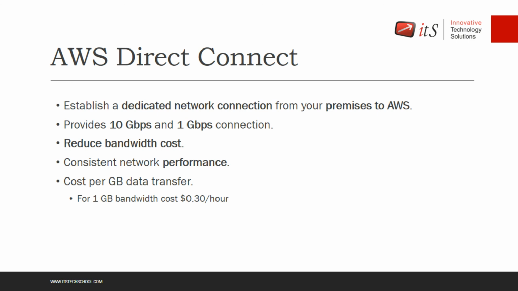For 1 Gbps, you have to pay $0.30 per hour, and for 10 Gbps, you have to pay $2.25 per hour, right? So if you want consistent performance for your hybrid cloud, you can easily go with Direct Connect, which provides connectivity from your AWS data centers to your on-premise infrastructure.